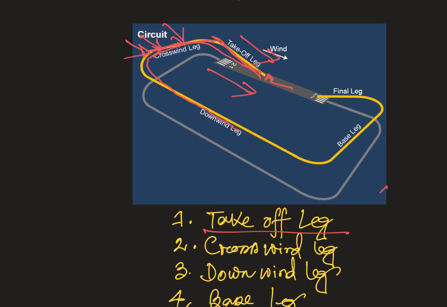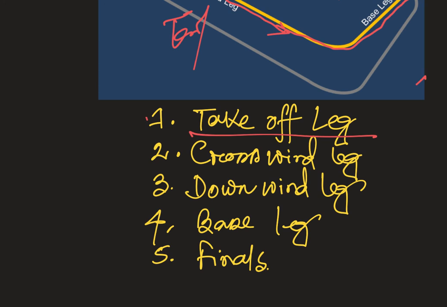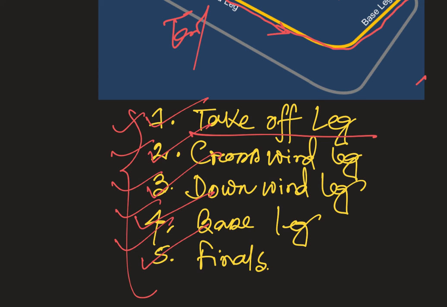Then comes the downwind leg, because now the wind is pushing you from behind and you are flying in a tailwind condition here. Downwind leg, then you descend on the base leg, and finally you come to your finals. So we have 5 legs: the takeoff leg, the crosswind leg, the downwind leg, the base leg, and finals. If somebody asks you what the legs of a circuit are, these are the legs that you need to remember.